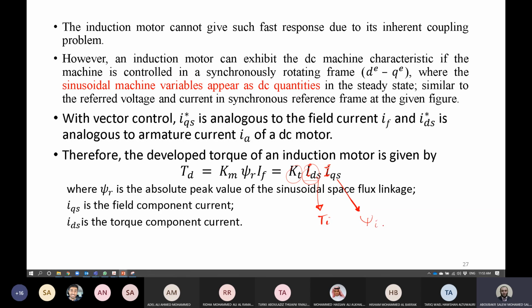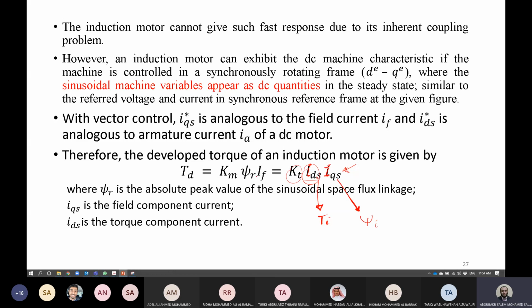In this case, shabab, in your controller, you can make decoupling. How? Just by making the reference current, for instance, for IQ equals 0, or equals a certain value. So in this case, you will control the flux and observe the required torque, for instance. Or you can control both.